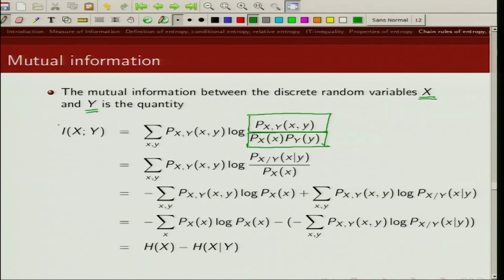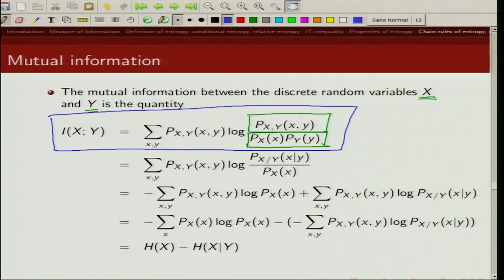So this is the definition, this is how mutual information is defined. Now we can write this joint distribution in terms of conditional distribution. We can write this as probability of x given y times probability of y. So then this particular term can be written like this.